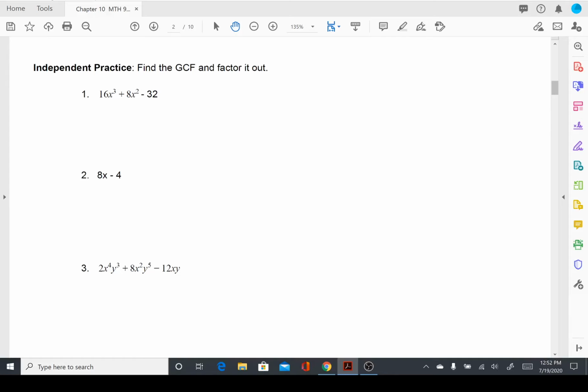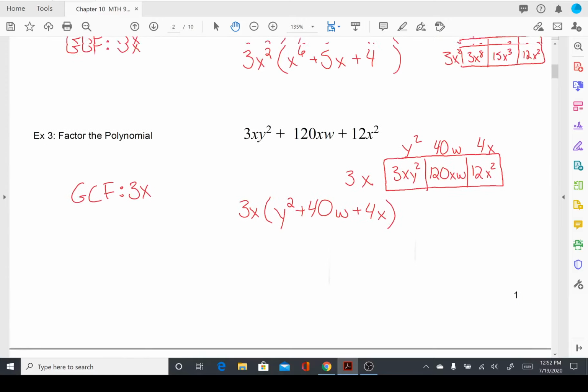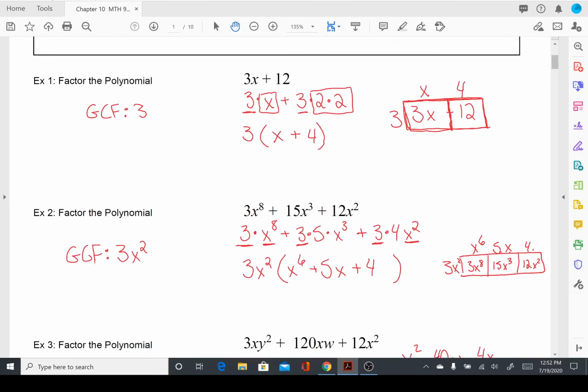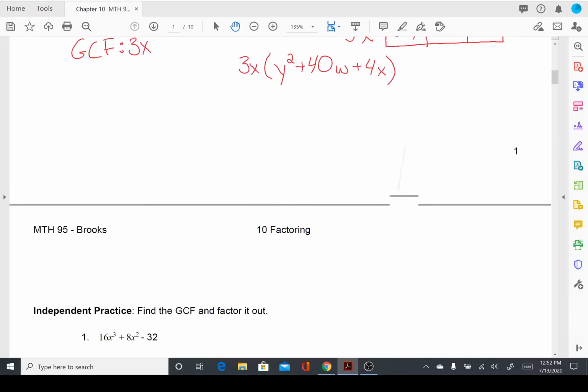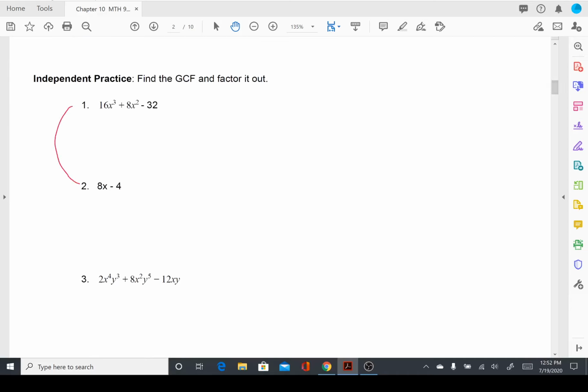All right, and I will point out that example 2 might be the easiest one for you to start with. And example 2 is a lot like our first one that we did together just now. So if you're struggling, start in the middle with that example and then maybe move to 1. Start with 1 if you'd like, but example 2 will be slightly easier.